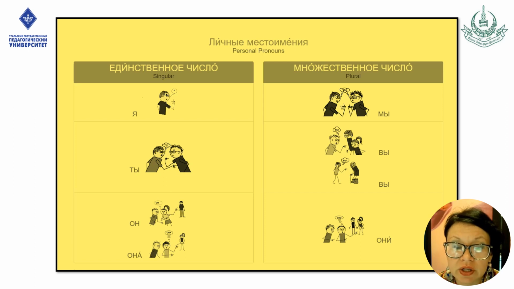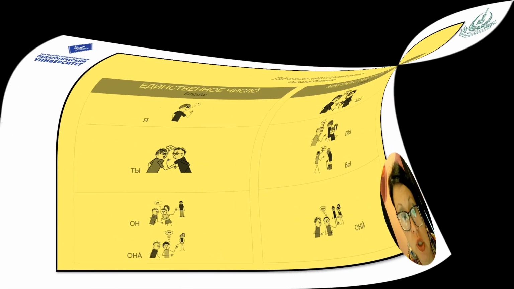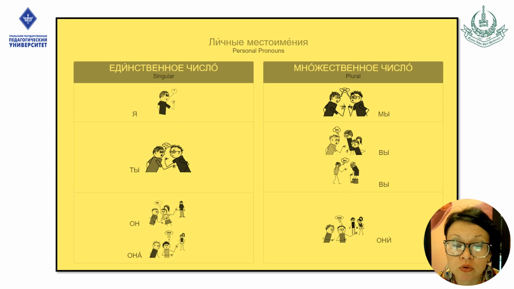This is вы. You may address a person who is older, or your boss, or your teacher, or simply an unknown person. This is the rule to address unknown persons in Russian with the вы pronoun. So in English it's you addressing a group, and you addressing senior people and even your peers.